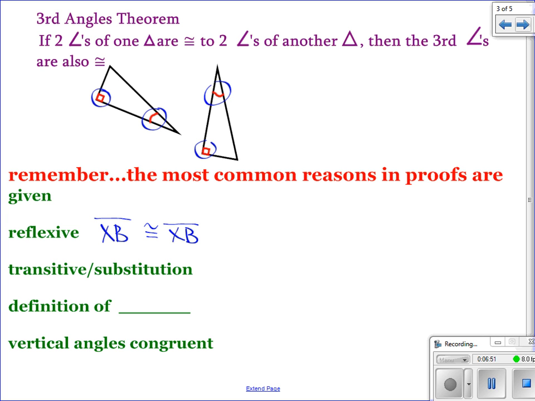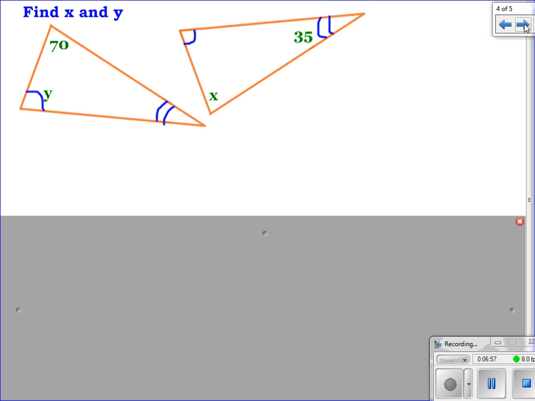All right, so let's try some examples using this third angles theorem. I'll look at two different ways to solve these. All right, so looking at this first one, anything that's on one triangle, we can transfer over to the other as long as it's in the right spot. Notice we have this angle right here, congruent to this angle right here.